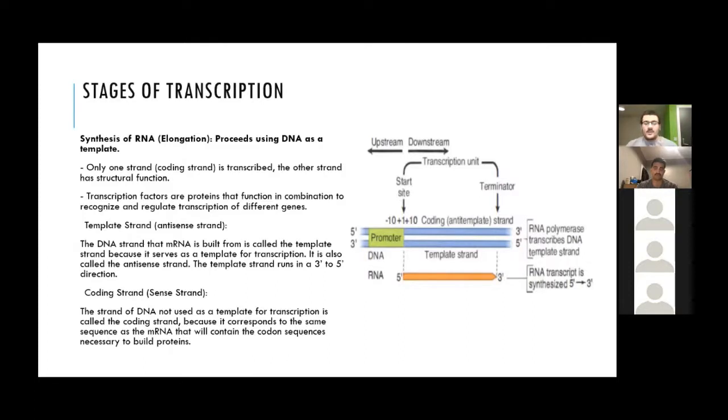So what happens here? The DNA is divided into 2 strands: the coding strand and the template strand. The coding strand is the strand that doesn't get transcribed, but it has the same sequence as the mRNA, accounting for the uracil and thymine difference, of course.